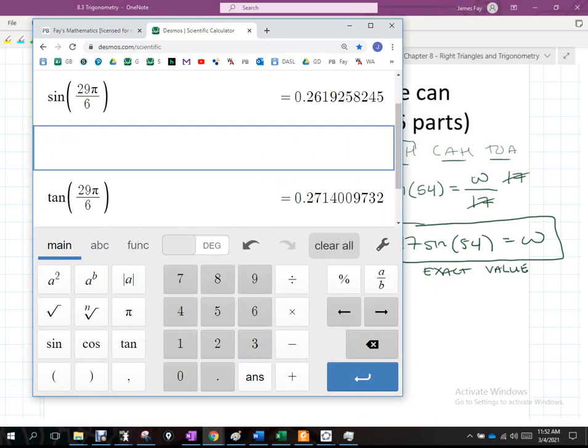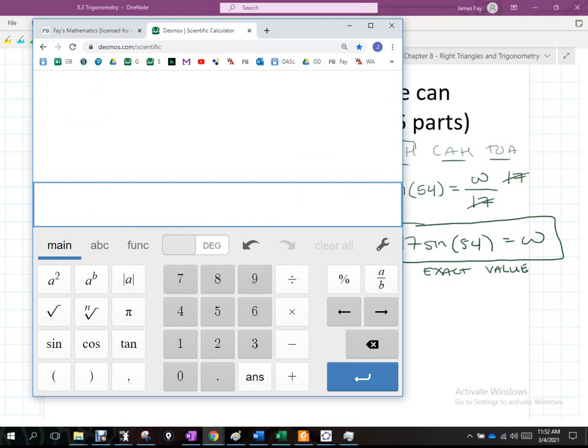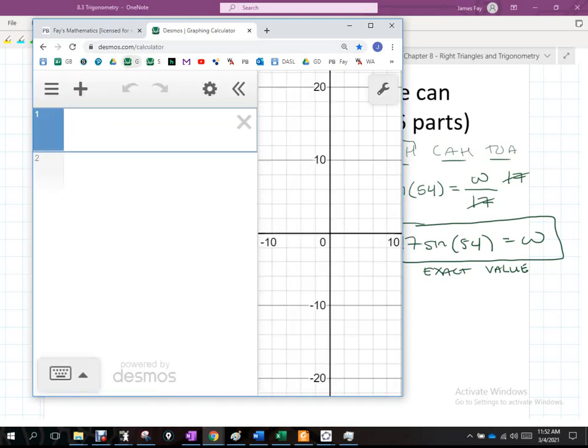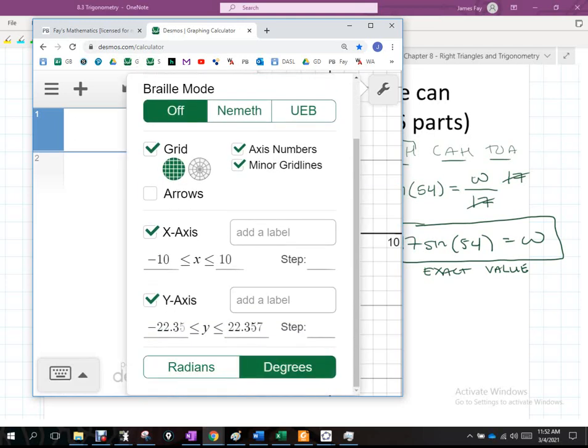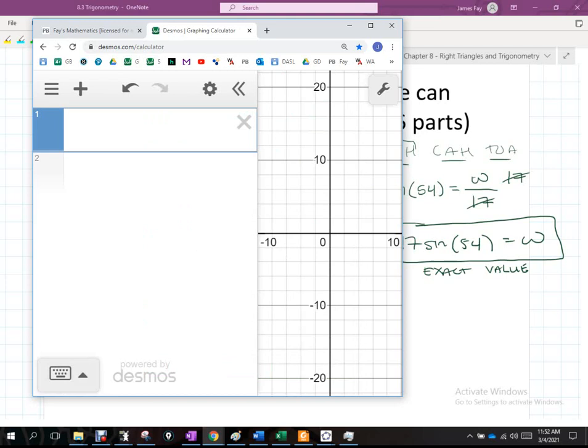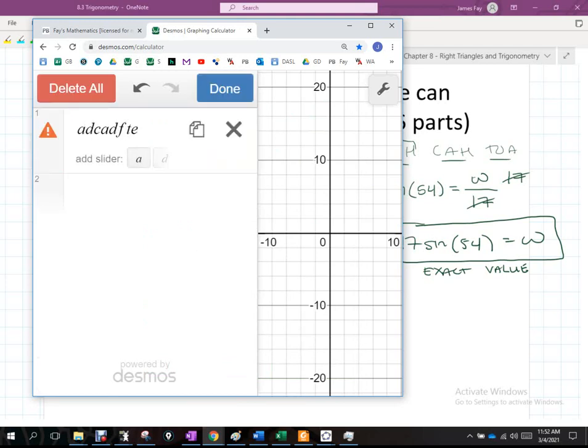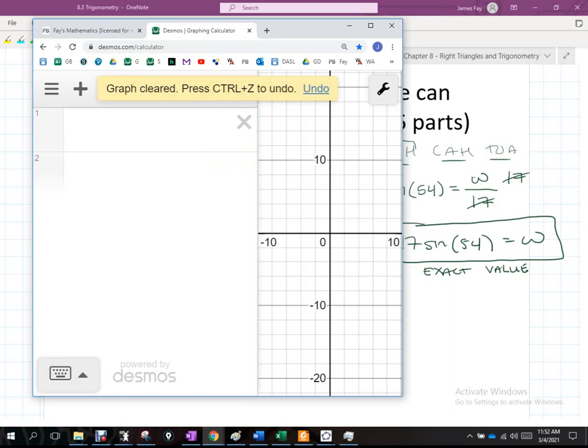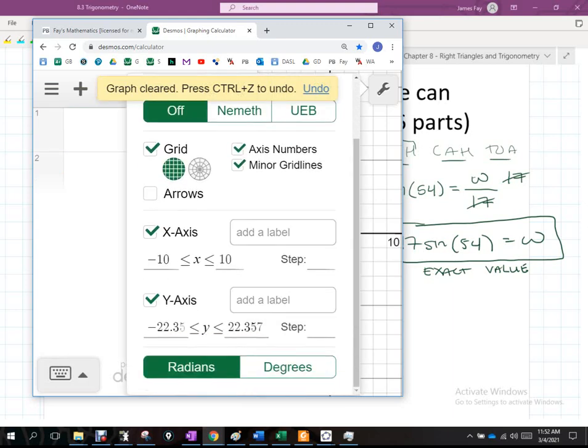Something to note with these calculators: I don't think the Desmos calculator does this, but on this one, if you clear it, I'll check. I'll put it in degrees, type something in, then go to delete all. See how it moved back into radians?